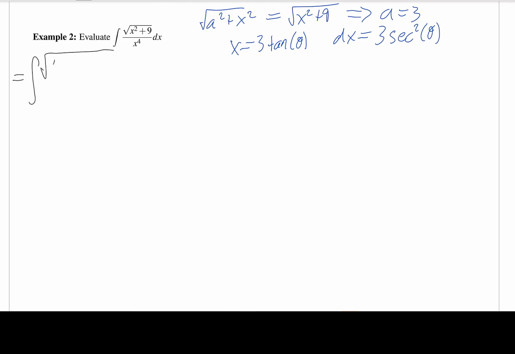So that'll be 3 squared, which is 9, tan squared theta, plus 9, divided by x to the 4th. So this will be 3 to the 4th, tan to the 4th of theta, times dx, which is 3 secant squared theta. Oh, and we're forgetting d theta here.